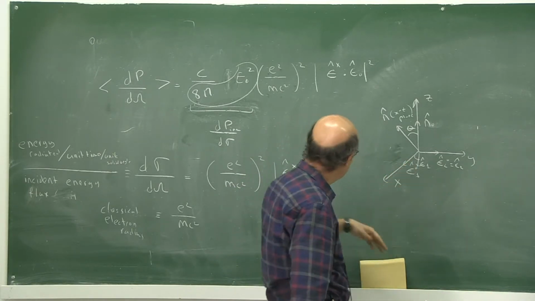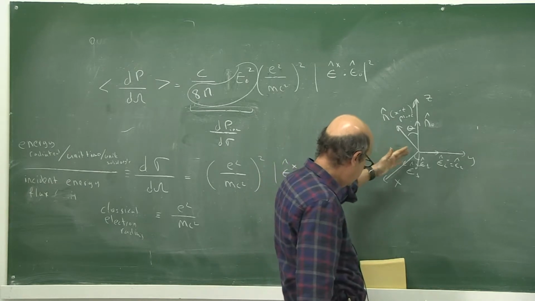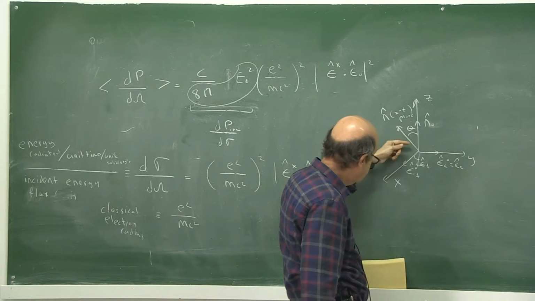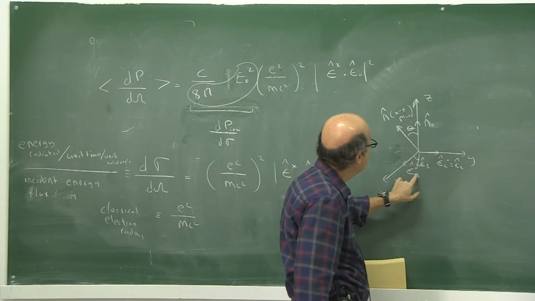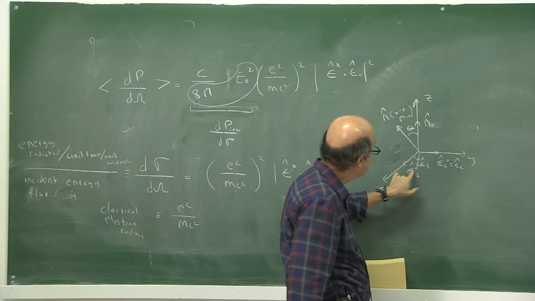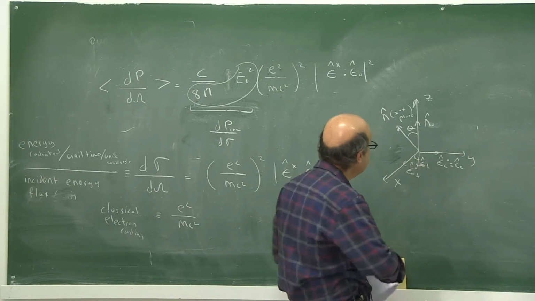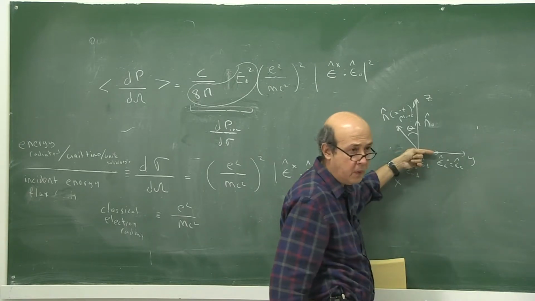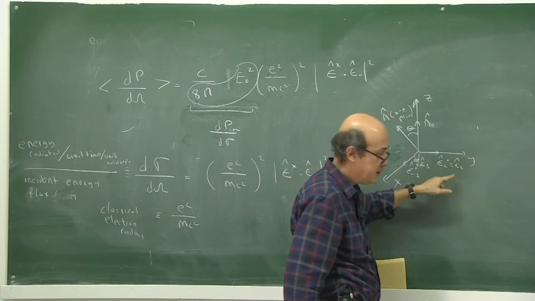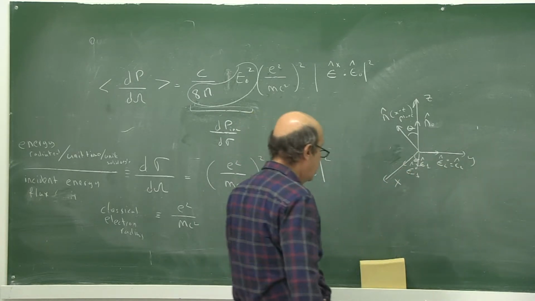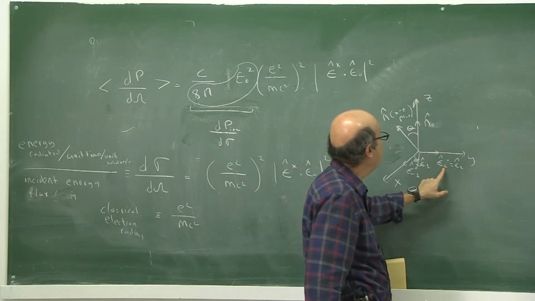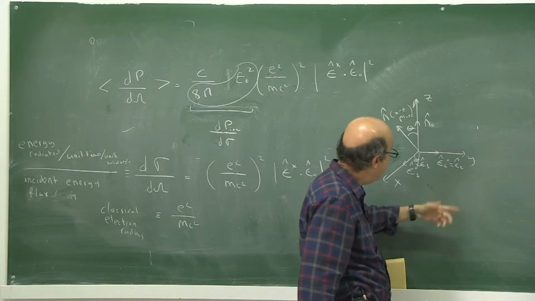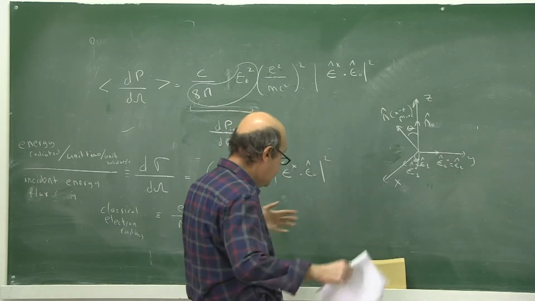We looked at the scattering parallel to the scattering plane and perpendicular to the scattering plane. For the parallel component, epsilon 1 makes an angle theta, and the scalar product is cosine theta. But the perpendicular components are aligned along the y-axis, so the scalar product between the perpendicular polarization before and after the scattering is 1.